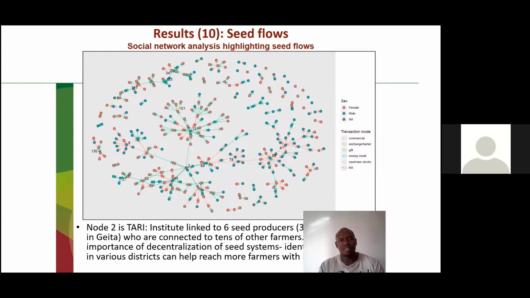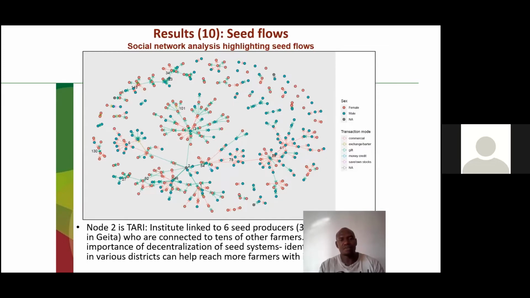And if you look at transactions around number 13, most of them are green, which means free gifting of seed. I can see only 4 red transactions. Go to number 46. You also realize that people clustered around number 46 mainly have green arrows, meaning more gifting.